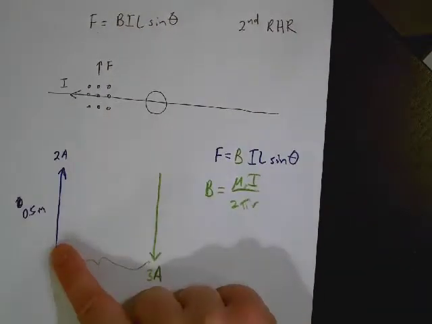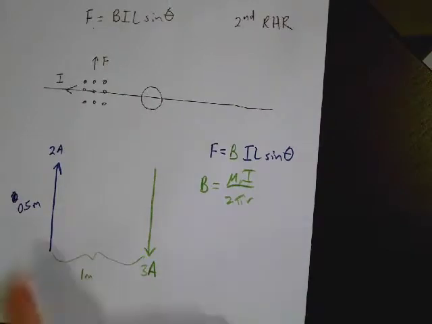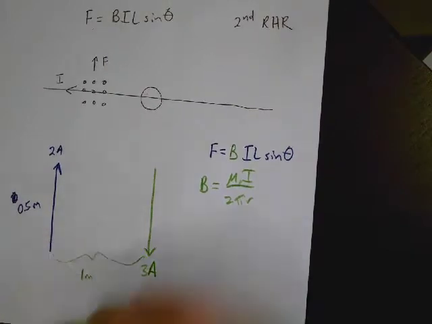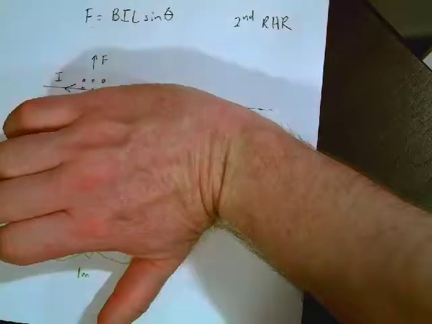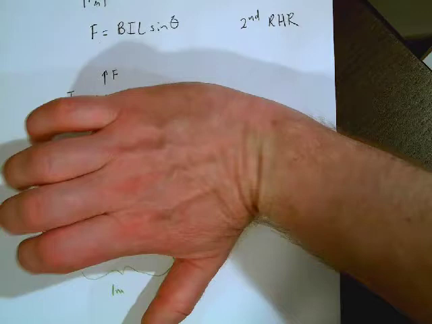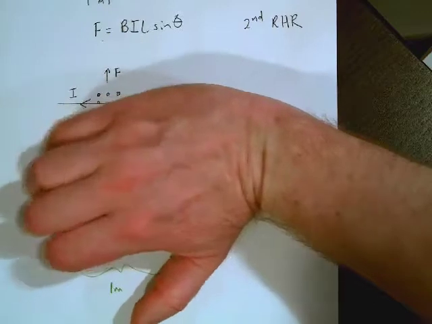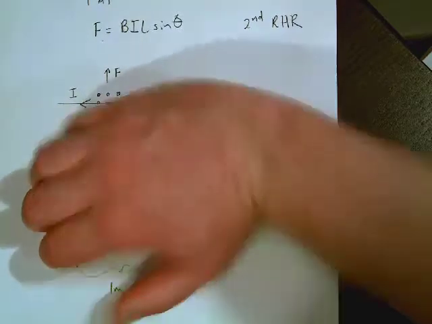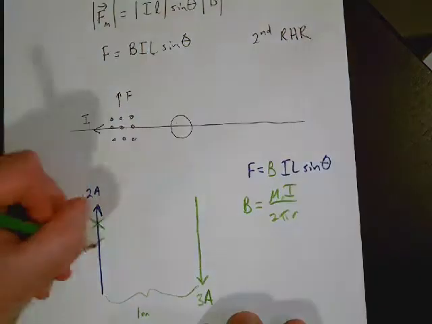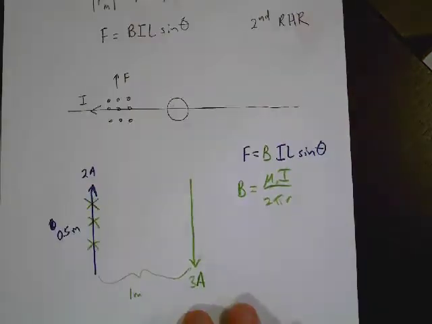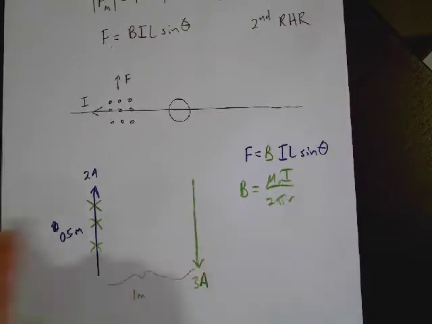Is that okay? To find the direction of it, now I'm trying to find the direction of the force on this wire. Well, the magnetic field from the green one is going to be over there, so it's going to point in. Is everybody with me there okay? So I would draw green X's on that blue wire.